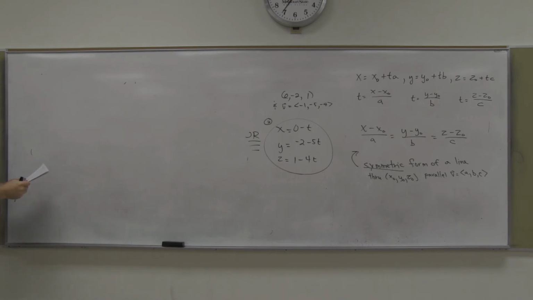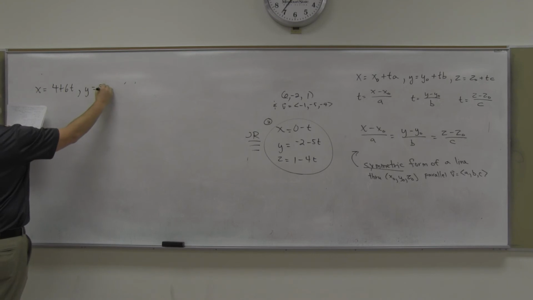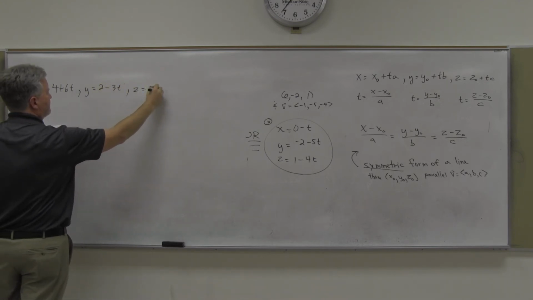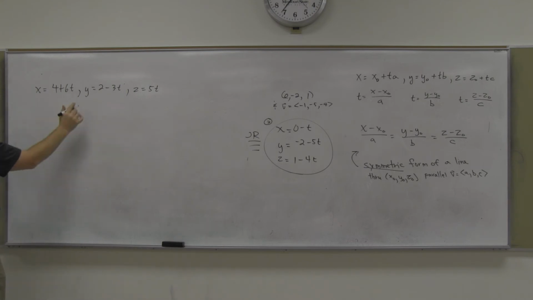Okay, let's see. All right, so we got x equals 4 plus 6t, y equals 2 minus 3t, z equals 5t. So that's parametric form. What is symmetric form?